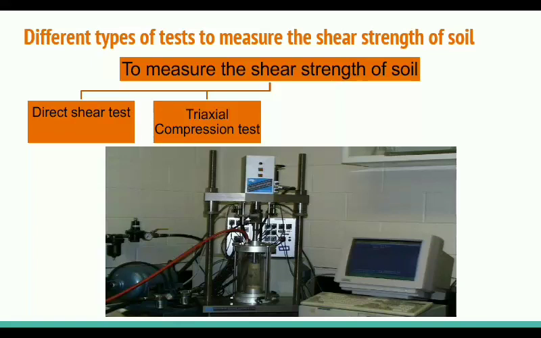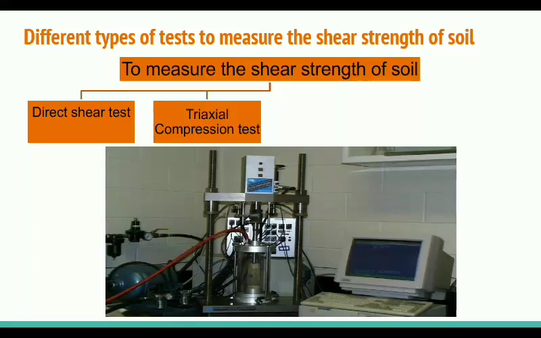In this test also, the specimen is free to fail along the weakest plane. In the direct shear test, the failure plane is already fixed, horizontal, so the soil will fail in the horizontal direction. That can be a drawback of the direct shear test.